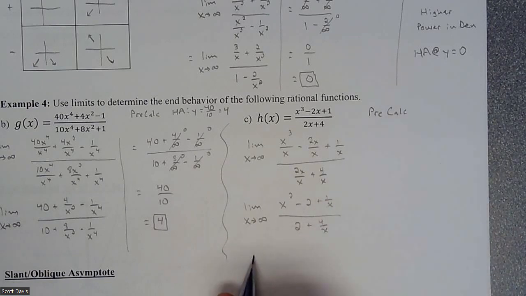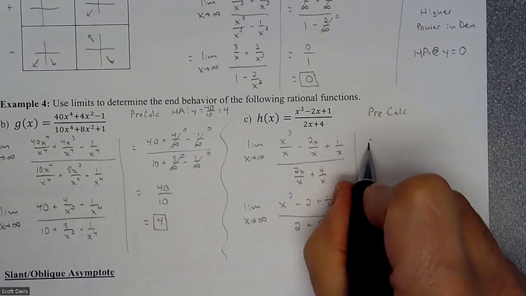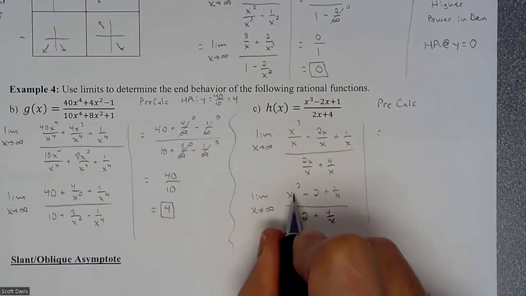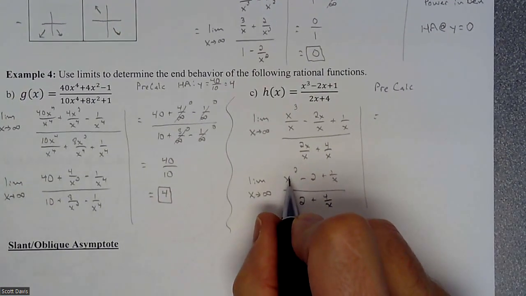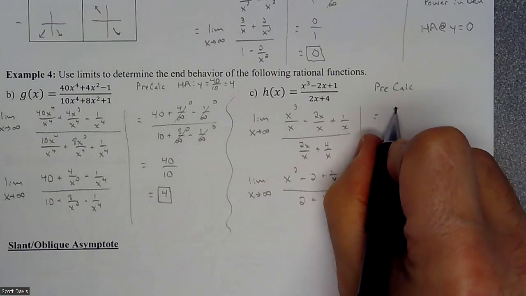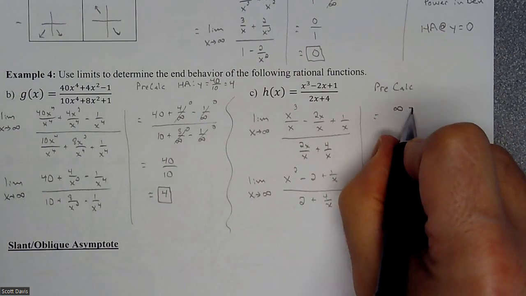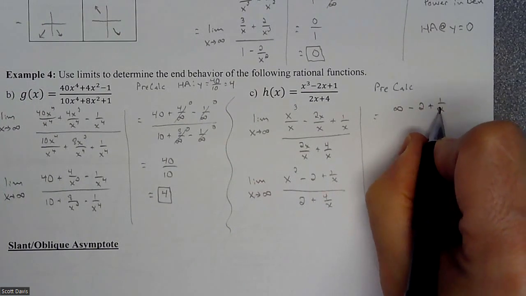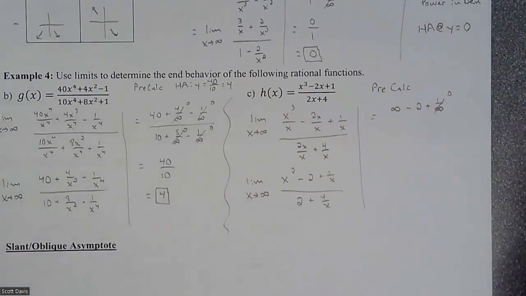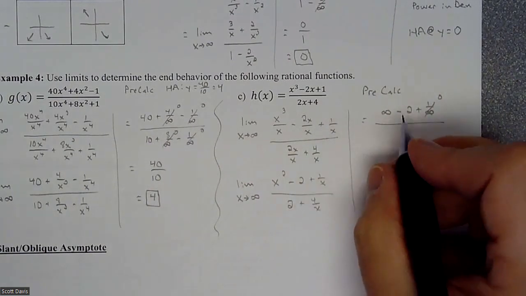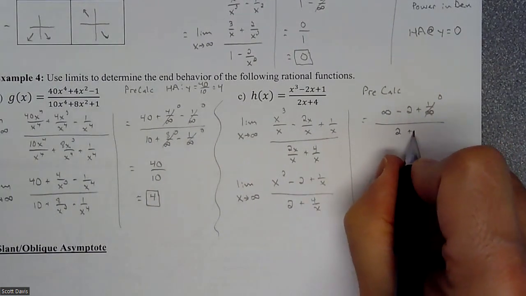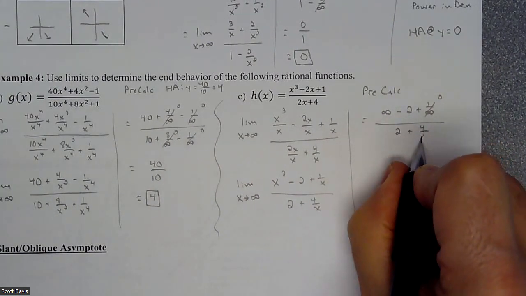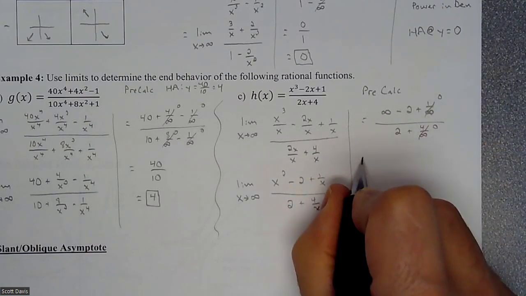And now we're ready to plug it in. So if we plug in infinity and square it, that's giving us infinity, minus 2 plus 1 over infinity, which is going to 0, divided by 2 plus 4 over infinity, also going to 0.